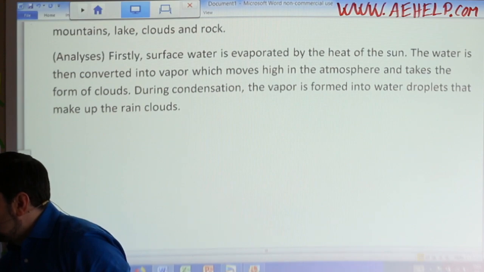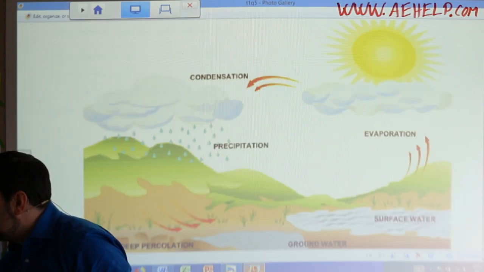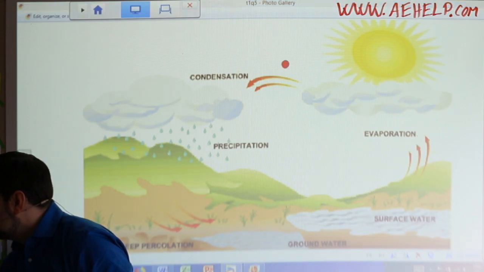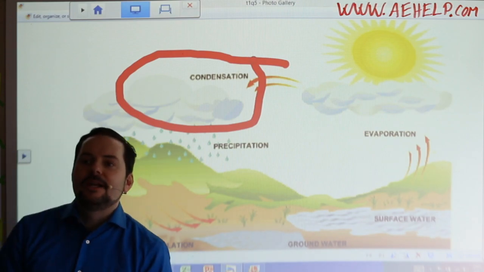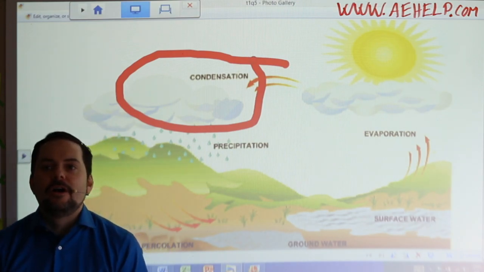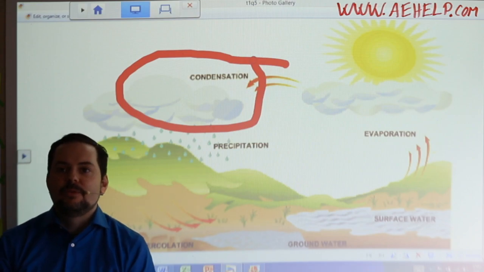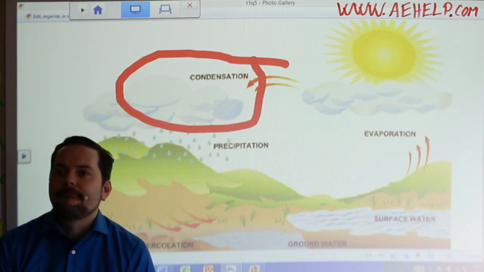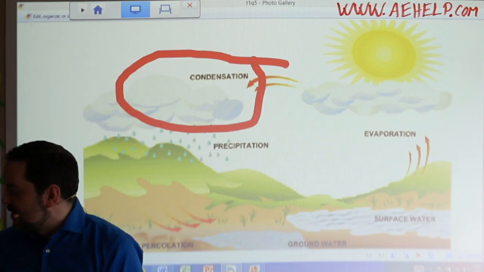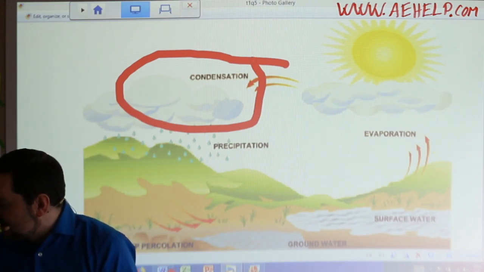So what can we write next? So we have our rain clouds here. Okay, we have our condensation, we have our rain clouds, and where are the rain clouds here? So where are the rain clouds? Let's see what you write as the next part. So where are these rain clouds?